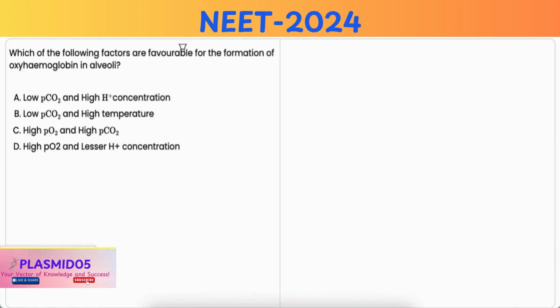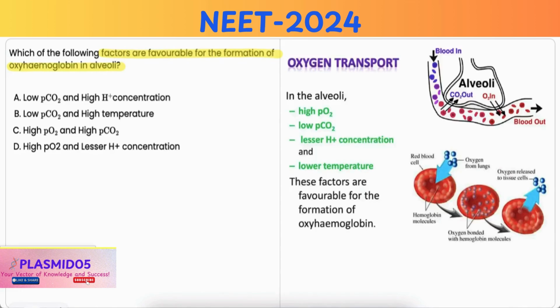In this question, you have to identify the factors that are favorable for the formation of oxyhemoglobin in alveoli. Option A, low partial pressure of carbon dioxide and high hydrogen ion concentration. Now, this is incorrect because high hydrogen ion concentration means low pH, and this promotes the release of oxygen from hemoglobin and not its binding.